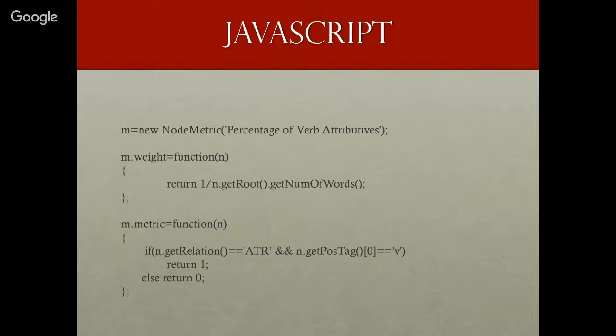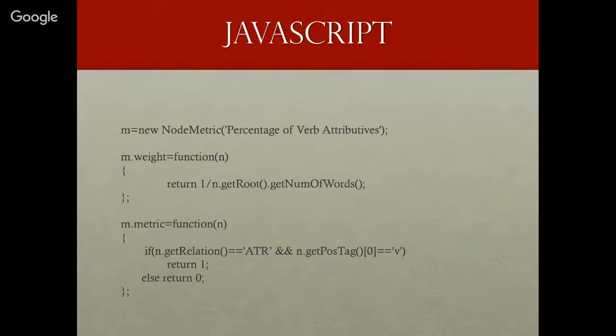So if you see the first part, I'm considering the weight, I'm using the function that I already said before, and now the return is 1 by, if you see the end of that command, go to the root and get the number of words, the traversing of the tree that I told you before.